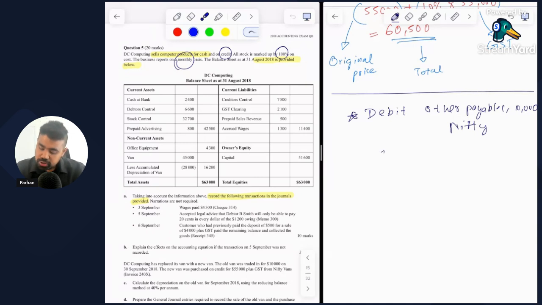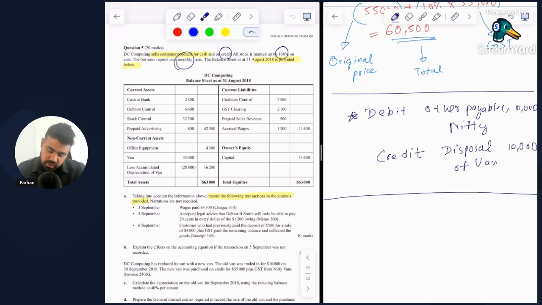Then, what we're going to credit here, we are going to credit the disposal of van account, right? And that is by 10 grand as well. So this is the last step, and this last step has to do with the form of disposal proceeds. In this case, we gave our old asset away.